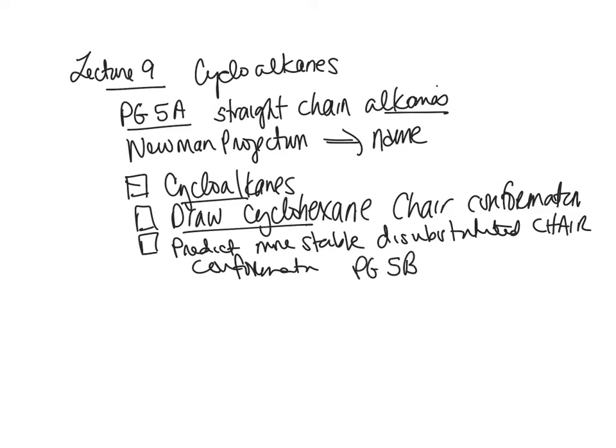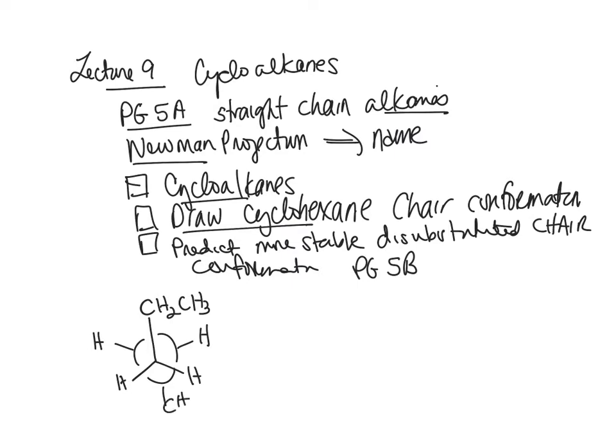Okay, so let's do a review here. Let's see if you can name this compound. You want to be able to take a Newman projection and convert this to the Lewis structure, or the condensed.